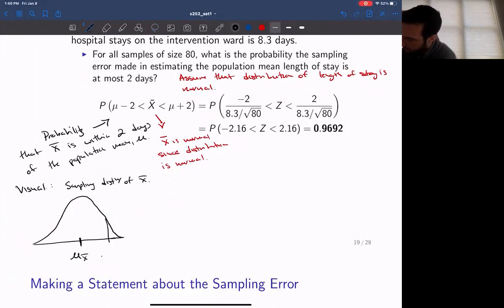And then on each side of this, I have basically mu X bar plus 2, and mu X bar minus 2. And what I'm trying to find here is the size of this area.